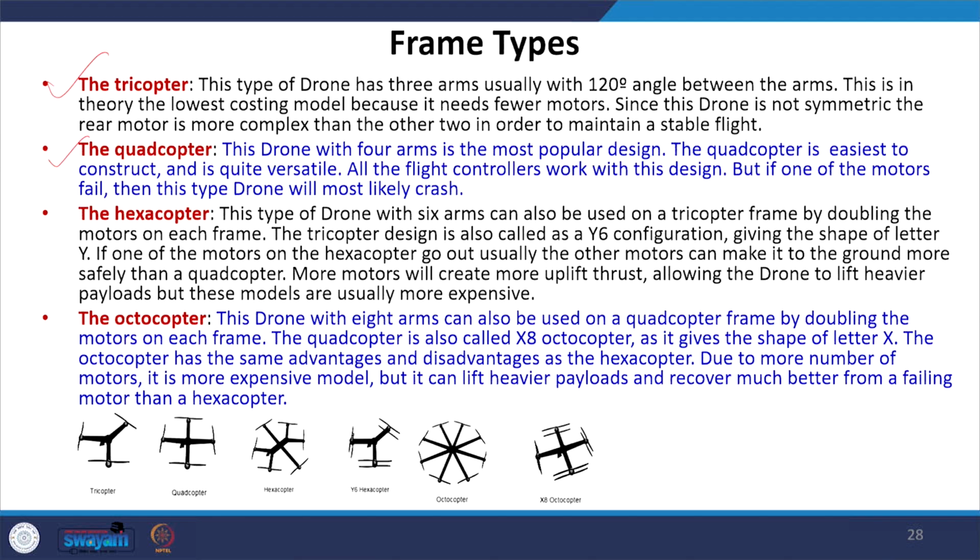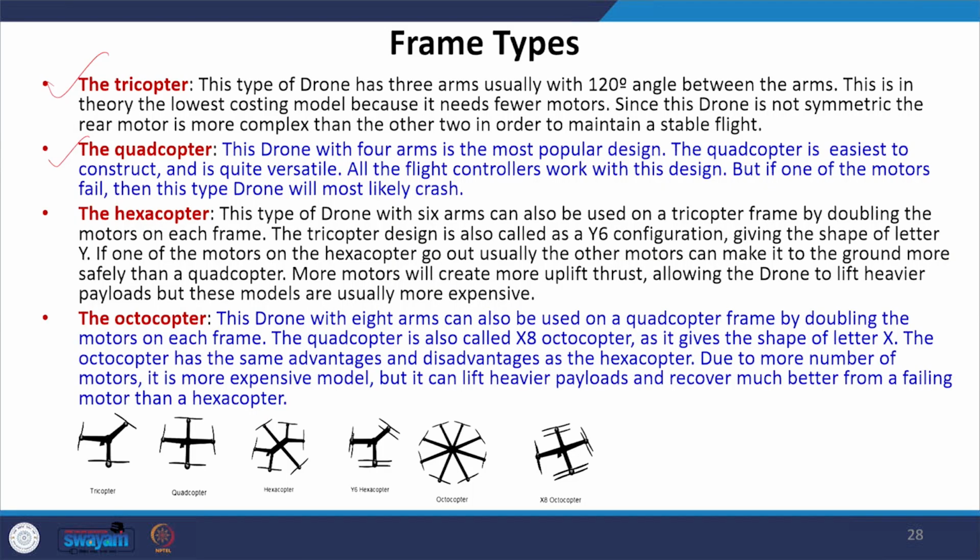So it makes the shape of a Y, and if a motor fails, the hexacopter can usually rely on the other motors and bring itself to the ground more safely than a quadcopter. The more the number of wings, the better the thrust uplift, and it can carry more and more weight. So drones which can carry more weight actually have either the hexacopter or the octacopter.